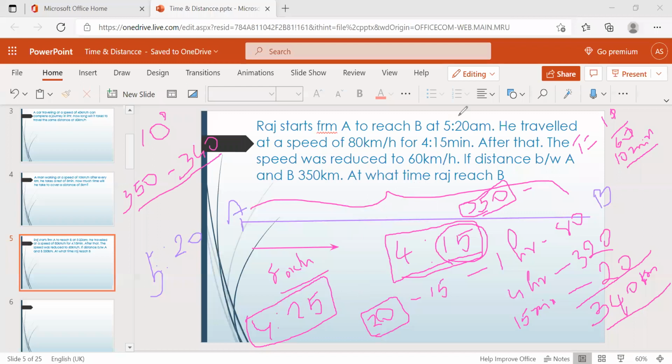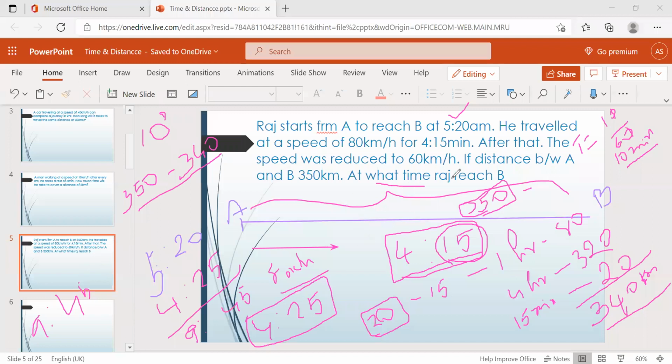He started at 5:20 a.m. So 5:20 plus 4 hours 25 minutes is 9 hours 45 minutes. Exactly 9 hours 45 minutes he will reach B.